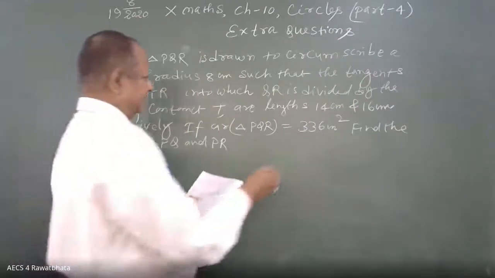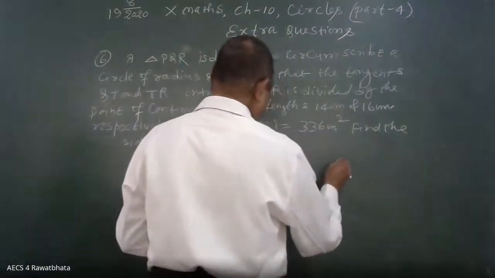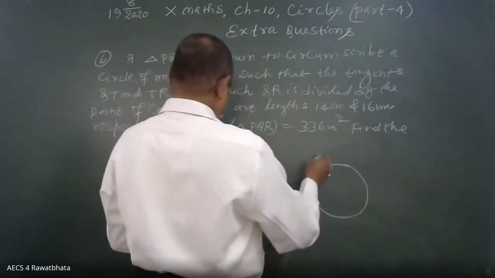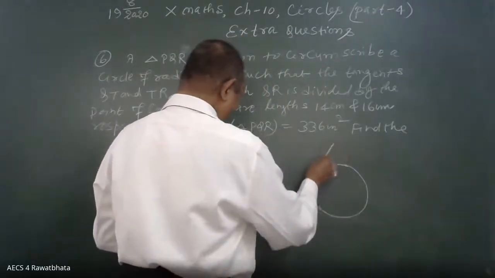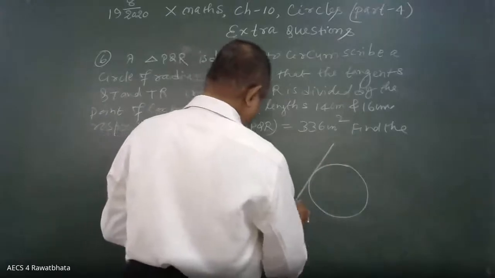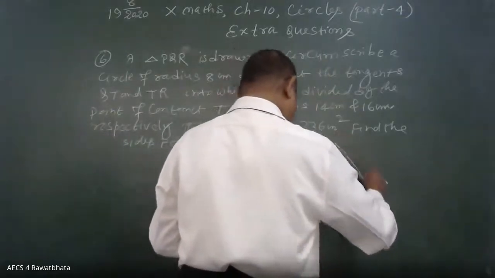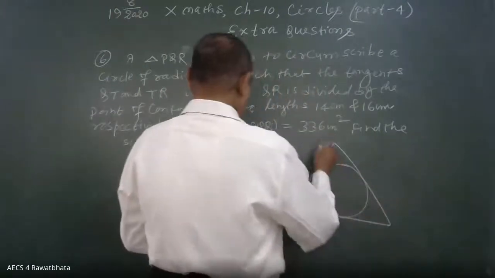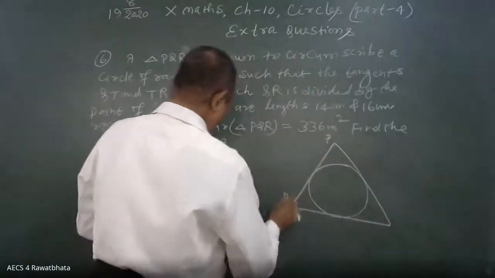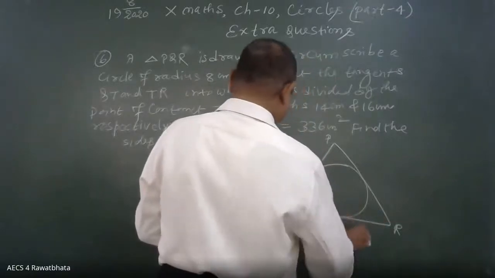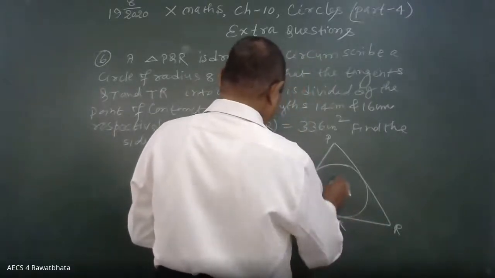The figure is given. This is a circle and PQR is a triangle. This point is T. O is the center of the circle.